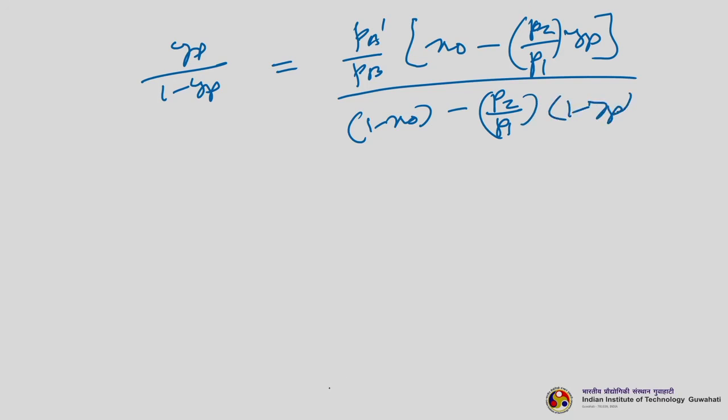Here alpha, the separation factor, is given as 5. Please substitute all the values and you will get x naught A equals 0.101.